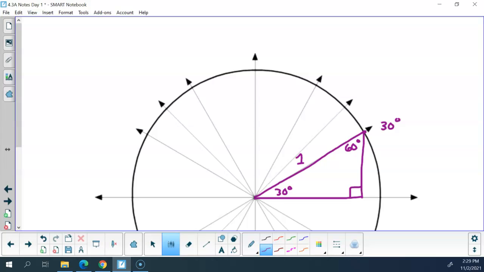So that means my short leg would be 1/2. My long leg, square root of 3 over 2.